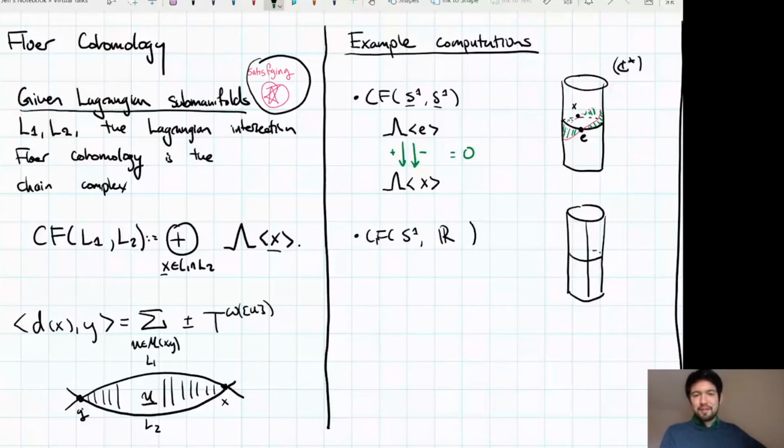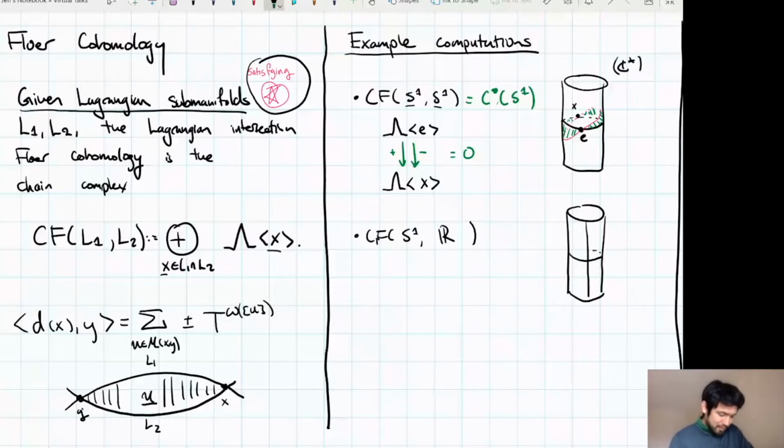One of them a plus strip, one of them a minus strip. They cancel out. The differential ends up being 0. This actually just ends up being the same as the chain complex of chains on S1. So you've got a generator in degree 0 and degree 1.